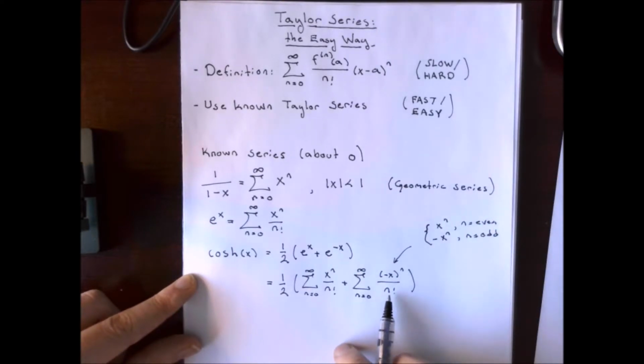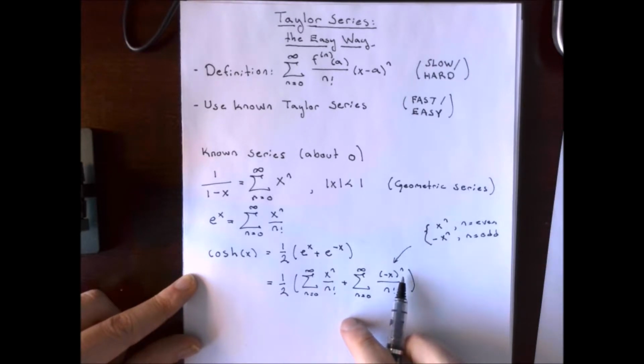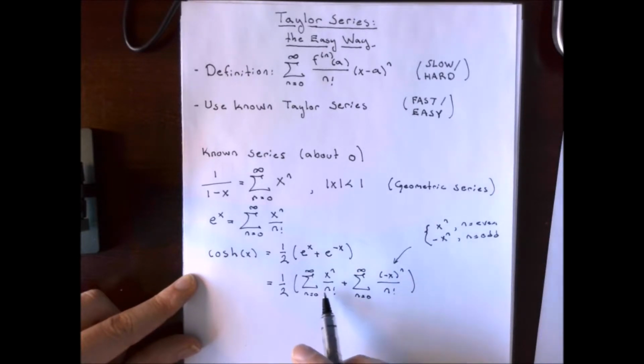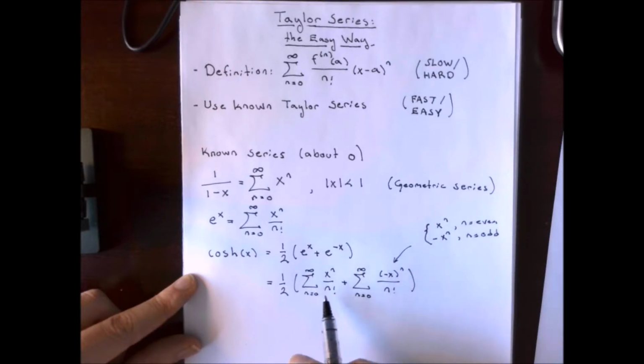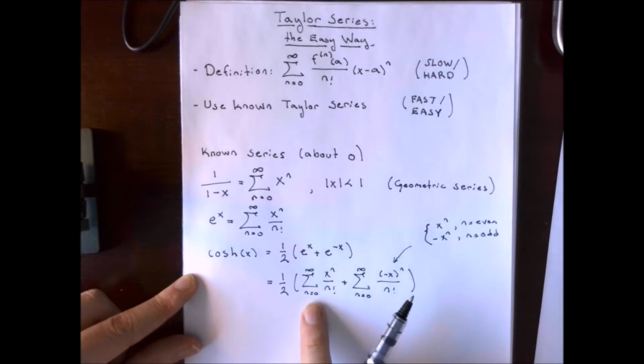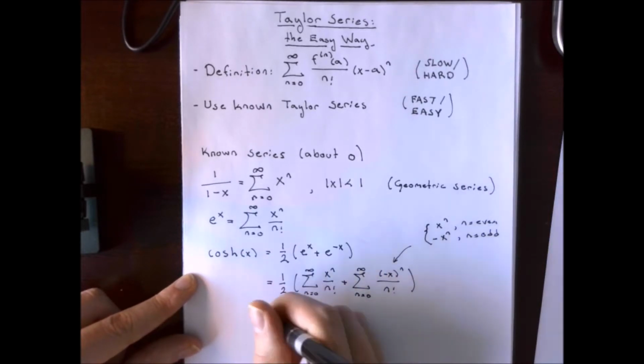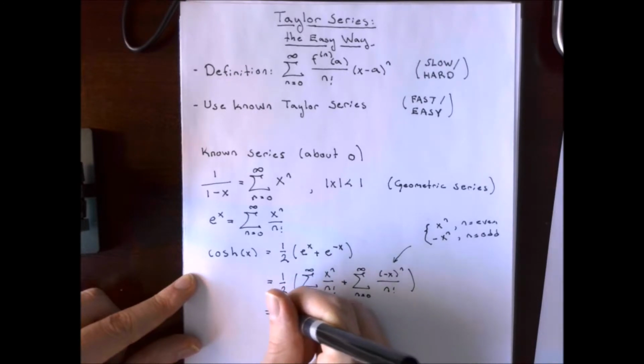And that means that for all even n, minus x to the n over n factorial is just the same thing as x to the n over n factorial. And for the odd terms, the terms in the e to the x and e to the minus x cancel each other.